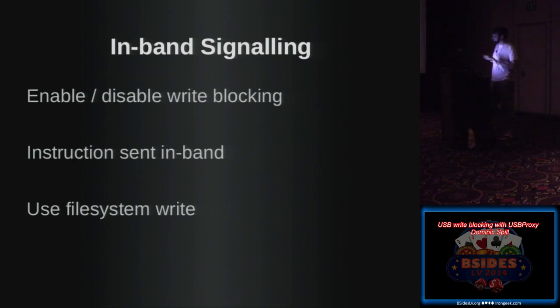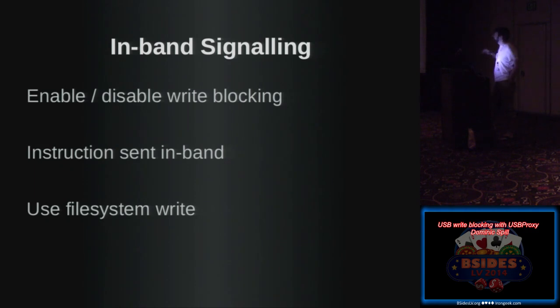So this was not intended to be in my talk, and I'm really sorry if it fails, but we'll give it a go. So essentially, what we want to do is we don't want the host to know anything about this. We don't want the sketchy system that we've just plugged our USB stick into to know that we've got a write blocker running or anything like that. So we can't present a special USB device. We've got to present exactly as a USB mass storage device.